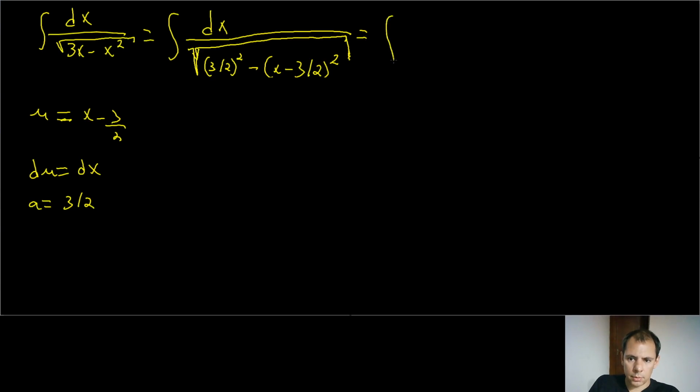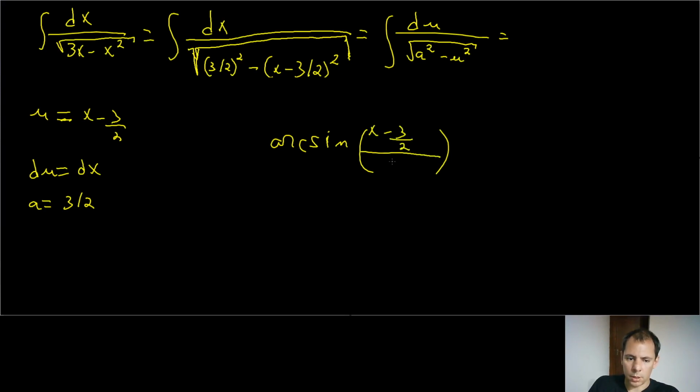So this equals the integral of du divided by the square root of a squared minus u squared. So this is just going to be the arcsine of u divided by a, x minus 3 divided by 2, and this whole thing divided by a, which is 3 divided by 2.